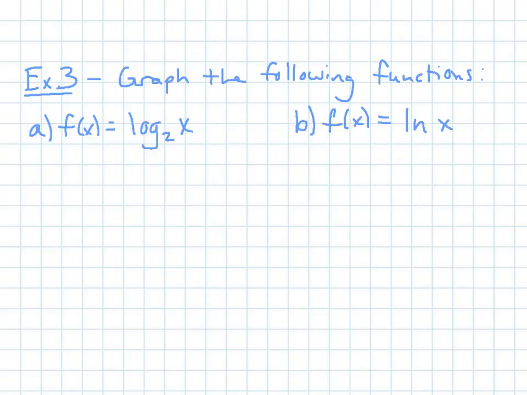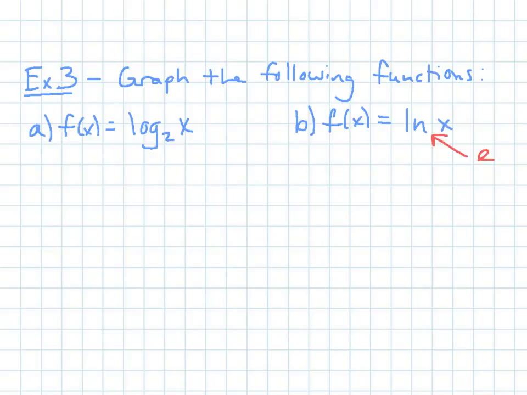They're just a different type of logarithm. This one has a base of e. It's not written there, it's just assumed that the base is e. That's why it's called a natural log, kind of like our natural exponential functions. That's where the word comes from.